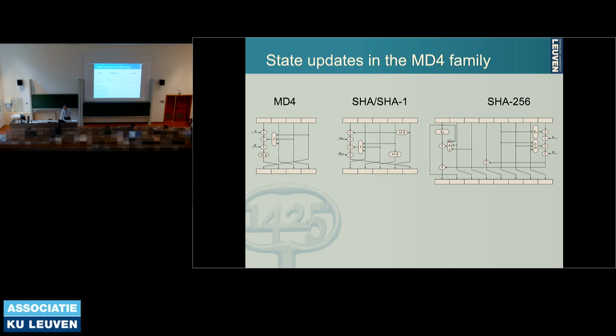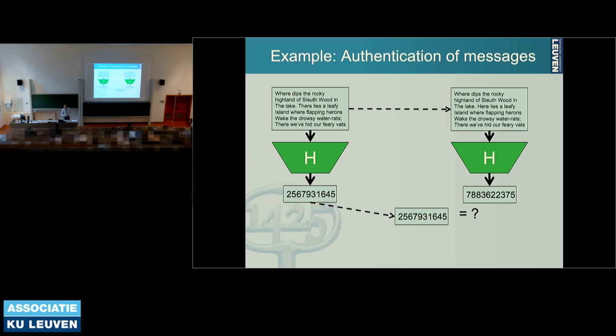How are these hash functions then used to authenticate messages? Well, you have your message, you use it as input of the hash function, you compute the output, and the receiver does the same, takes his input and computes his output. We assume that you can get this output in some secure way to the receiver, like you read it over the telephone or something, and if there is no match, then the receiver knows for sure that something has changed at the input.